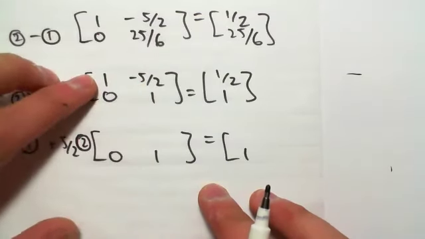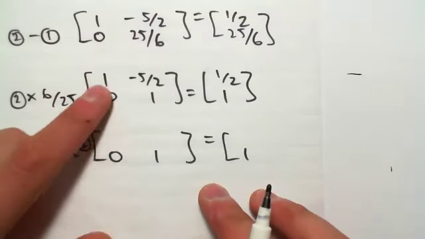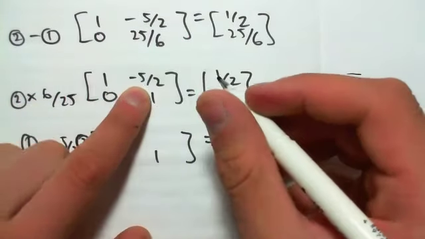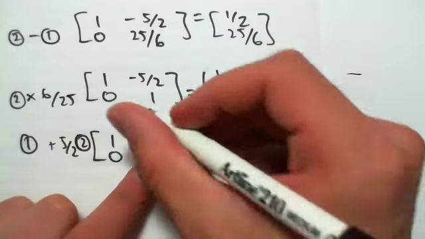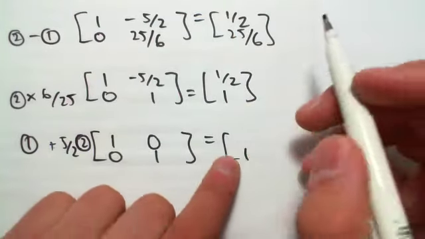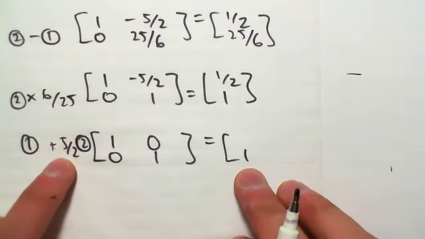So 1 plus 5 on 2 lots of 0 is still 1, minus 5 on 2 plus 5 on 2 lots of 1 would be 0, equals, so we're going to have here 1/2 plus 5 on 2 of 1.